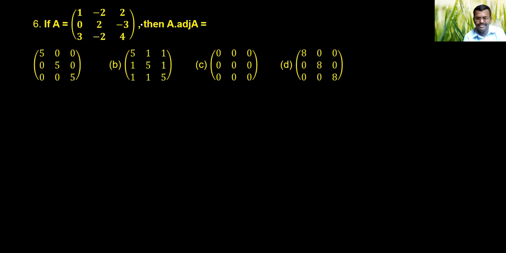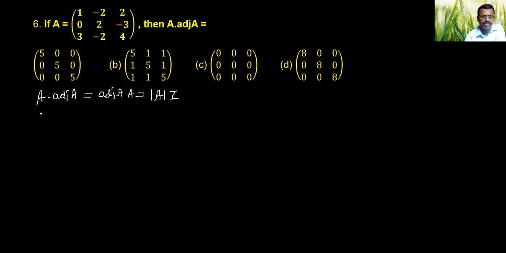Is it very tough? No. For this kind of problem, it is very easy because we have one property that I already discussed. A into adjoint of A equals adjoint of A into A equals determinant of A into I. Correct? We have to apply this here now.